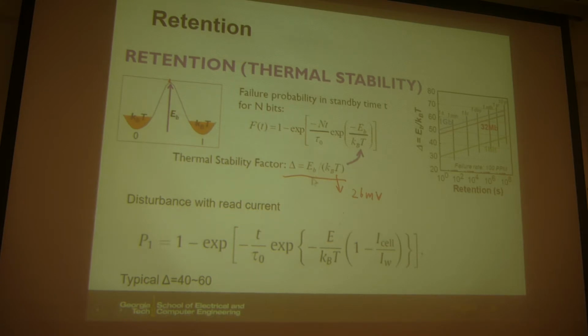A typical 10-year retention requirement will need the stability factor delta of 40 to 60. That means 40 to 60 times this. Let's say 50 times 25 milli eV is about 1.25. Is that correct? 1.25 electron volts for the barrier.